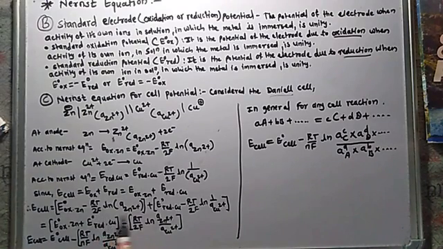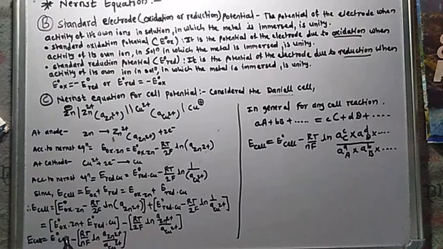We add these two half cells. Then we combine the E standard oxidation of Zn and E standard reduction of Cu, and the remaining term in the bracket is minus RT upon 2F ln of activity of Zn2+ divided by activity of Cu2+.